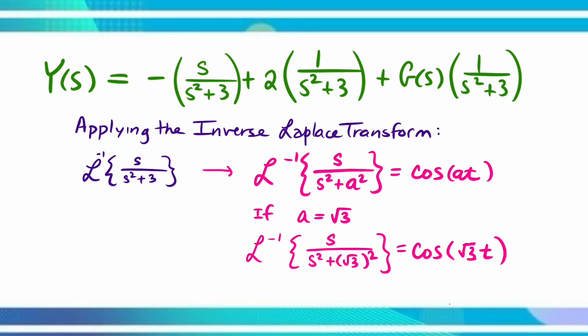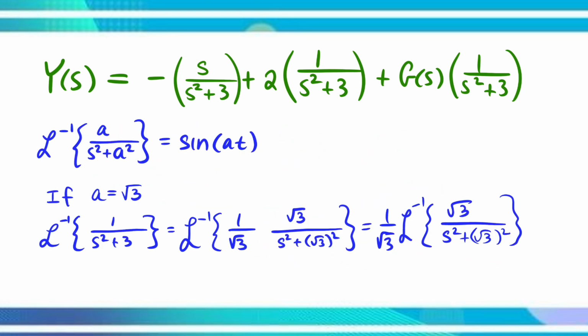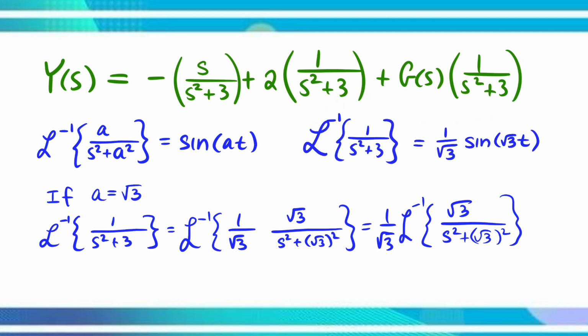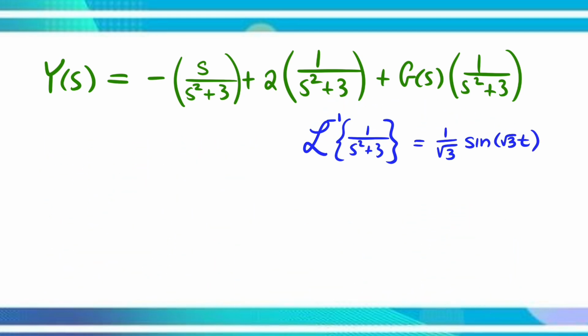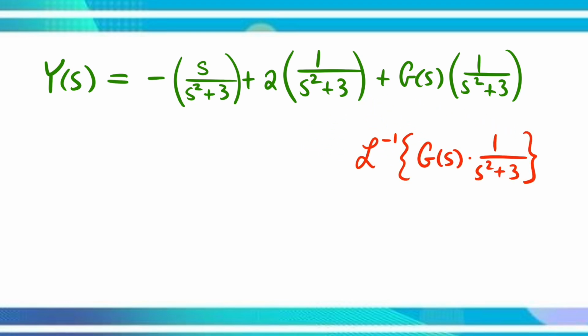So that's for the s over s squared plus 3 term. And then for the 1 over s squared plus 3 term, we would use an inverse Laplace transform equal to a sine of at, where again a is equal to the square root of 3. And with a little bit of manipulation here, we can then input this expression into the solution for y of t, which would be the inverse Laplace transform of capital Y of s.